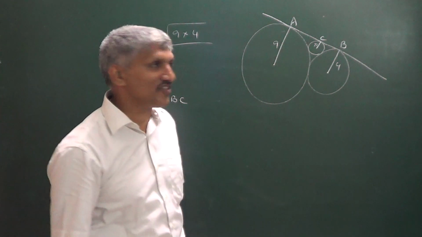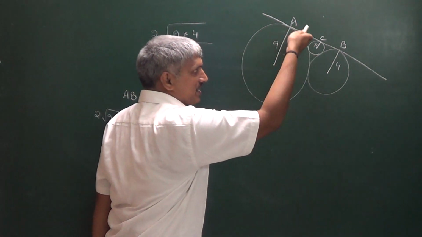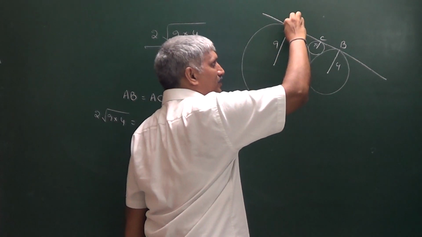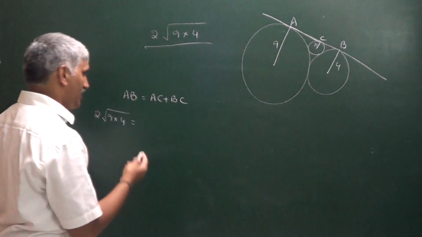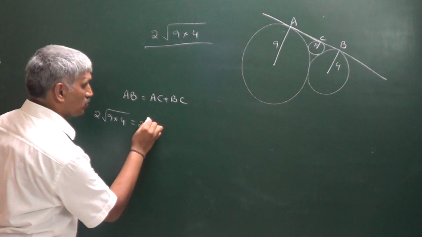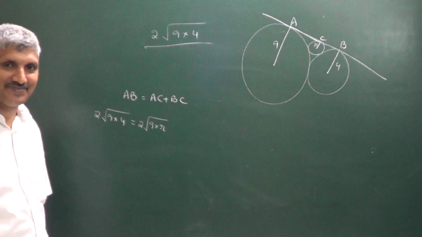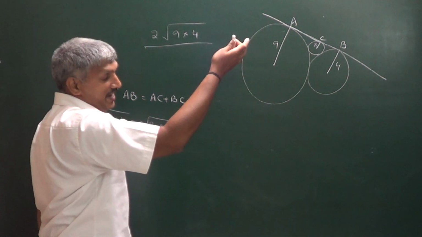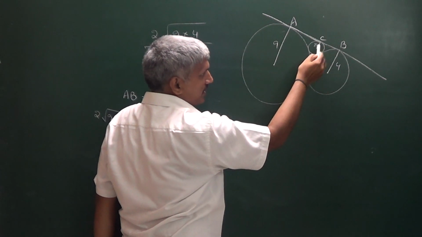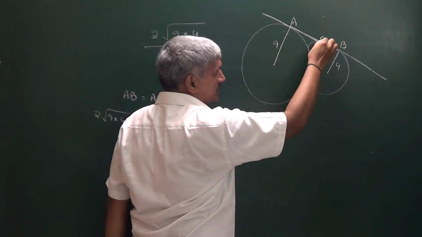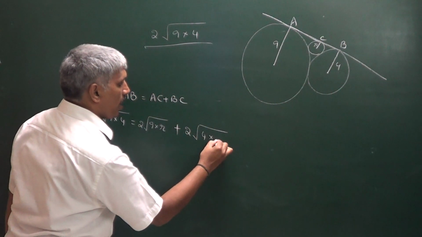AC is also the length of the direct common tangent, because these two circles touch each other externally. So AC is the direct common tangent for these two circles, and its length is 2 times the square root of R1 times R2. Next, BC is also a direct common tangent, because these two circles also touch each other externally. So the length BC is equal to 2 times the square root of 4 times r.